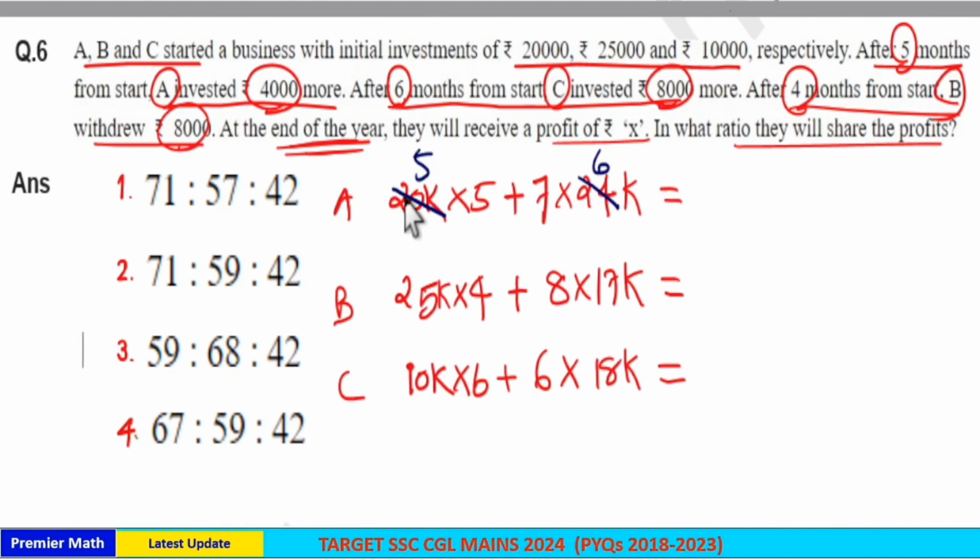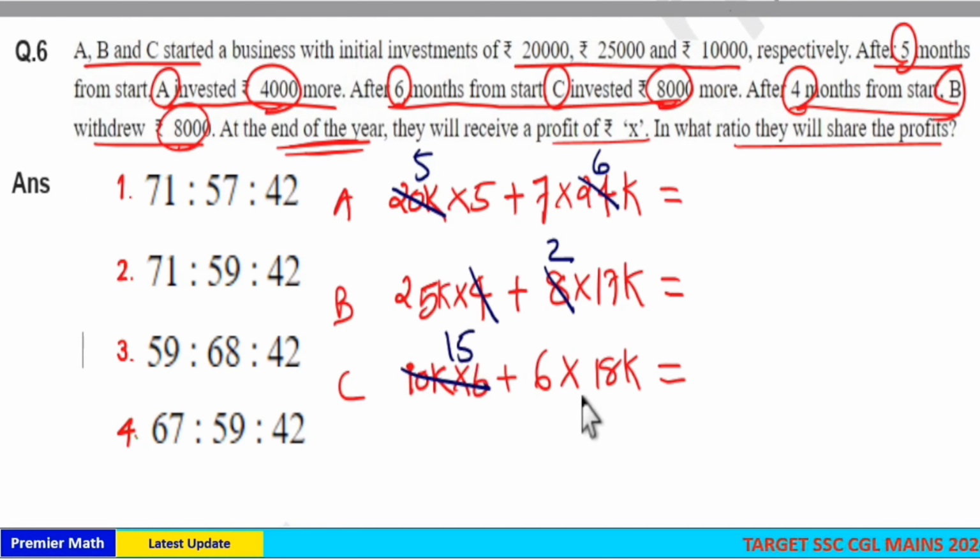Same way here, 4 cancels, 4 goes 2 times in 8. Here 4 goes 15 times in 60. And here 9 into 2 is 18, 3 into 2 is 6. So 9 into 3 is 27. Now the sum is equal to 25 plus 42 is 67.